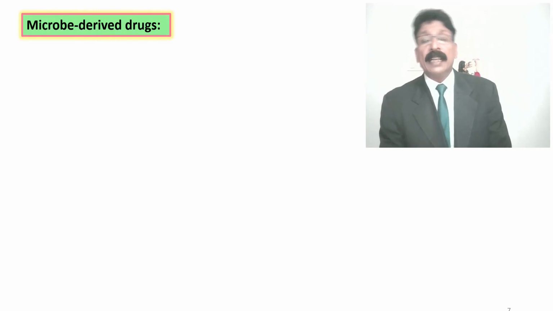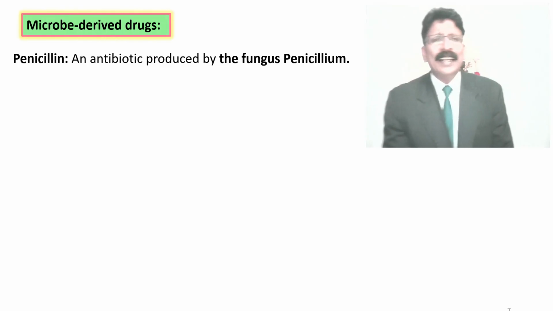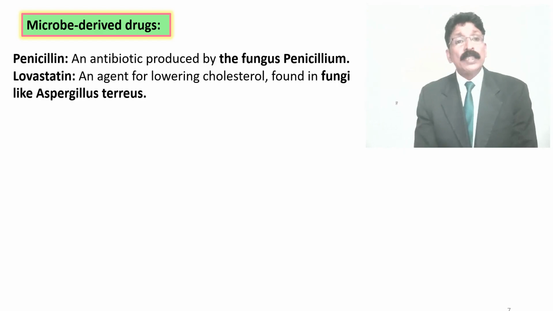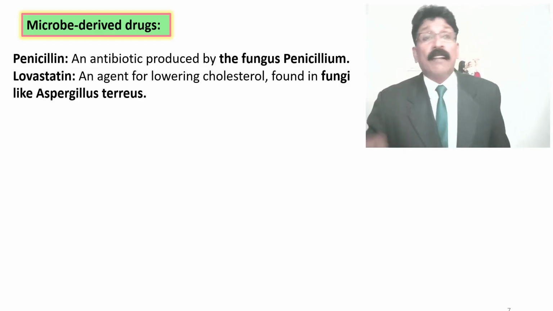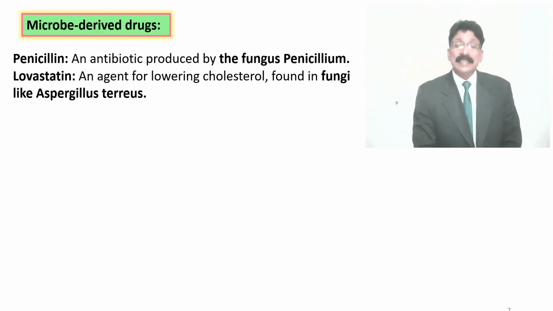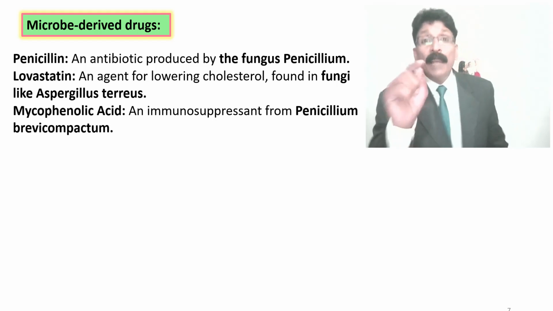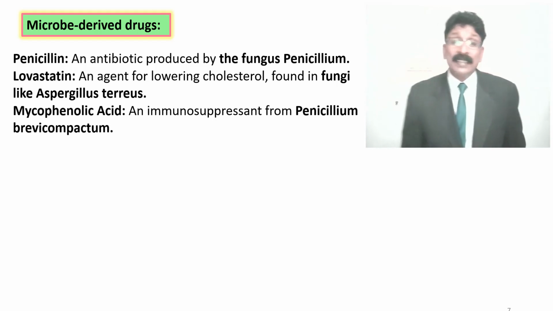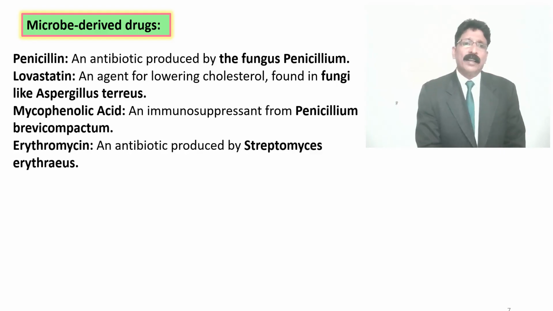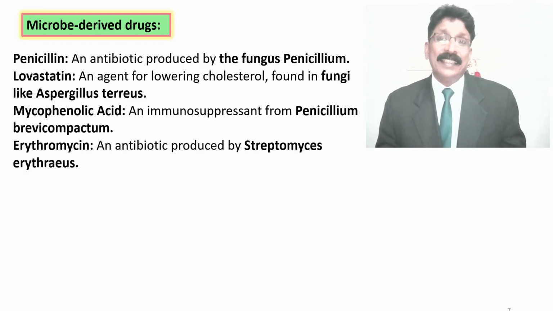Microbe derived drugs, which have a role in pharmacognosy: penicillin, an antibiotic produced by the fungus Penicillium; lovastatin, an agent which lowers cholesterol, found in fungi like Aspergillus terreus; mycophenolic acid, an immunosuppressant from Penicillium brevicompactum; erythromycin, an antibiotic produced by Streptomyces erythraeus.